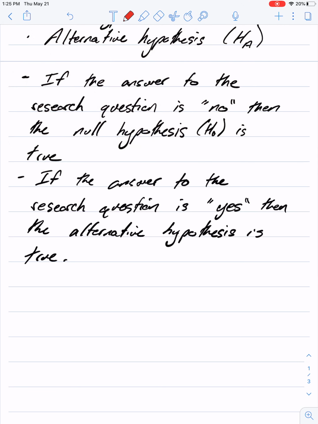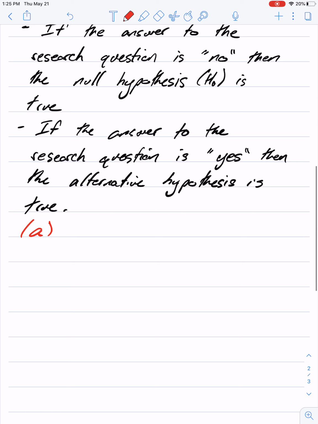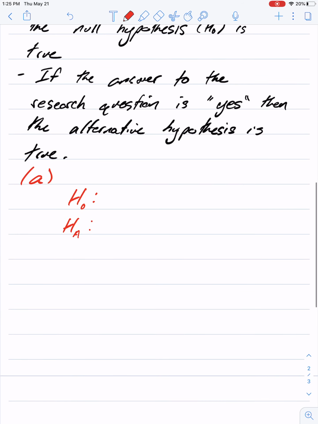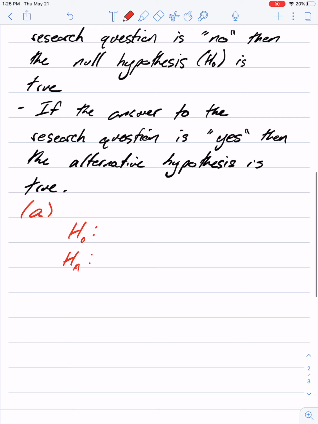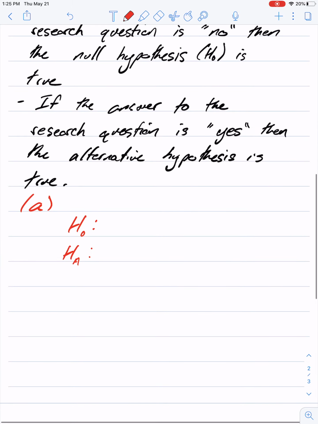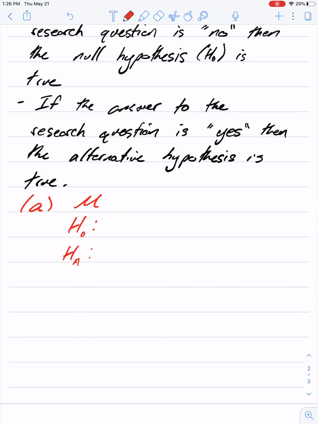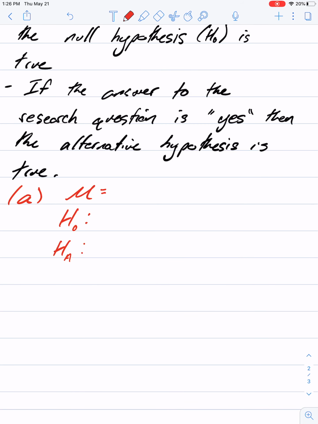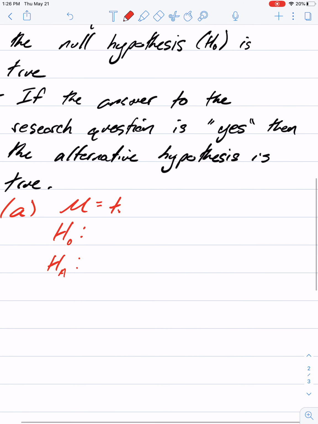So let's do A. Let's set up our hypotheses for question A. So the first thing I do is I just write H naught and HA. And then these hypotheses in mathematical terms will follow. And another thing that I always do is I define what mu is. I'm asking a question about a true population average. Mu for the first question is going to be the true average Amazon returns, right?